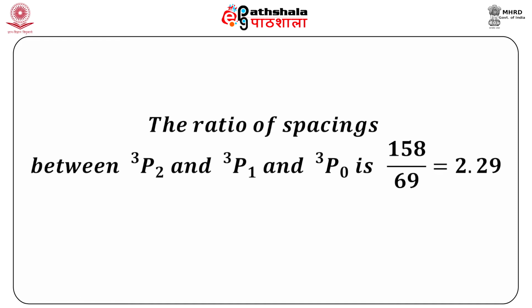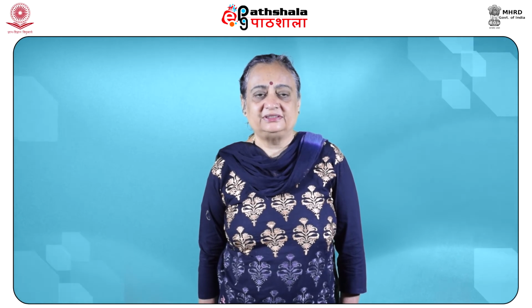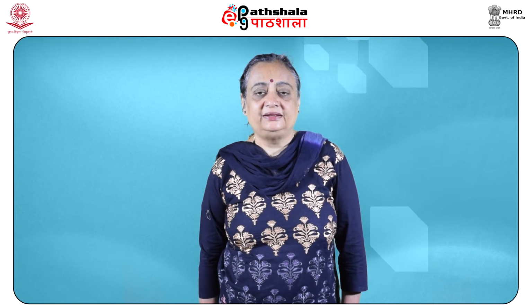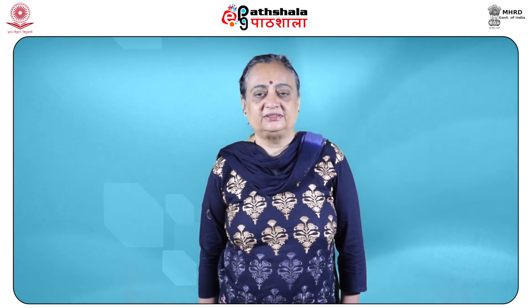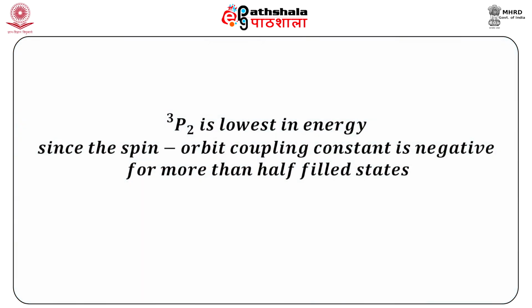So again it is close to the expected value of 2, but not exactly 2. The amount of splitting increases as the number of electrons increases, because electron repulsion increases, and the energy order is also reversed. 3P2 is lower in energy since the spin orbit coupling constant is negative for more than half filled states.